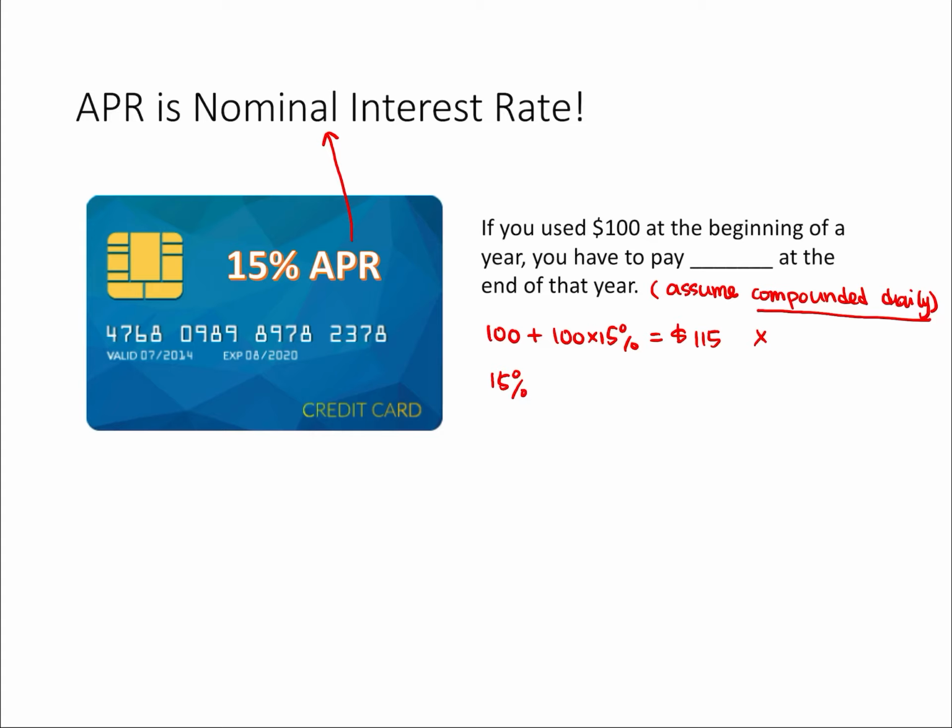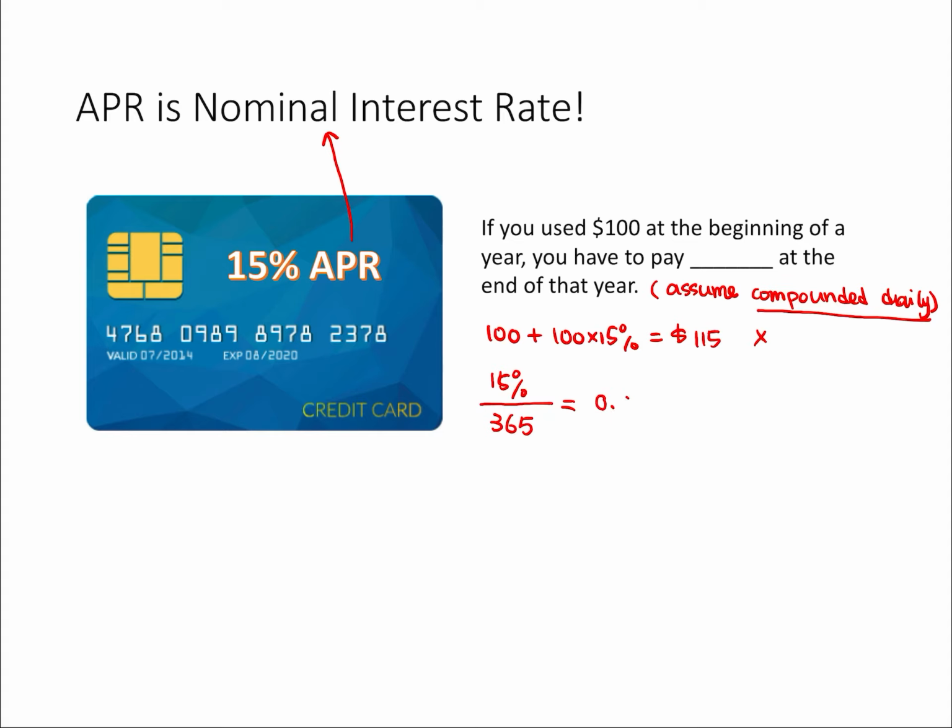So if it's compounded daily at a 15% nominal rate, what is the actual interest rate per period? 15% divided by how many times you compound a year, right? So if it's daily compounded, then a year you have to compound 365 times. And then your interest rate per day will be 15% divided by 365.